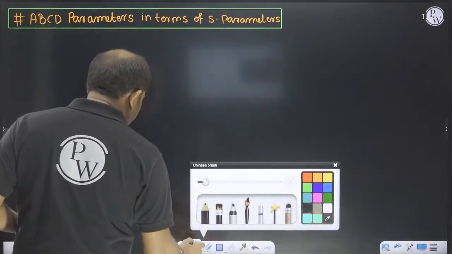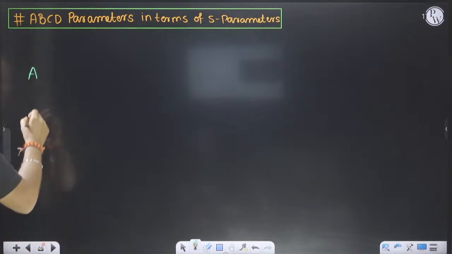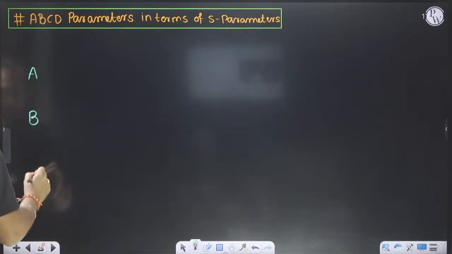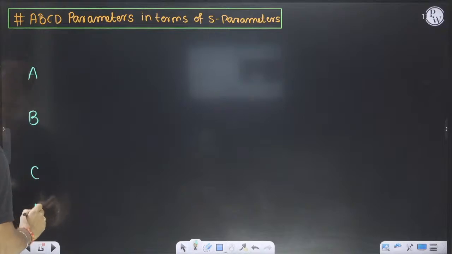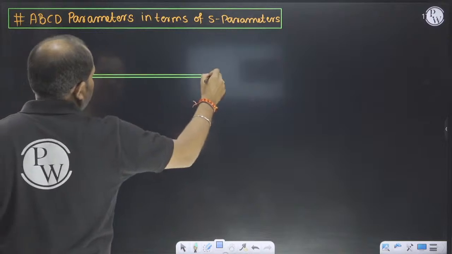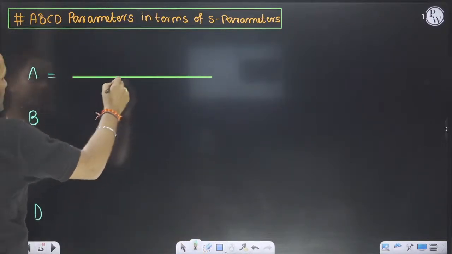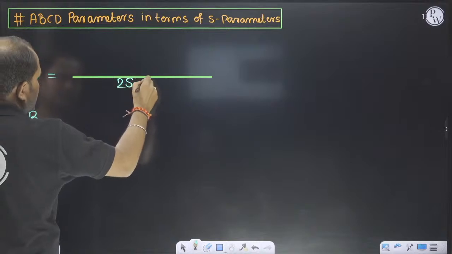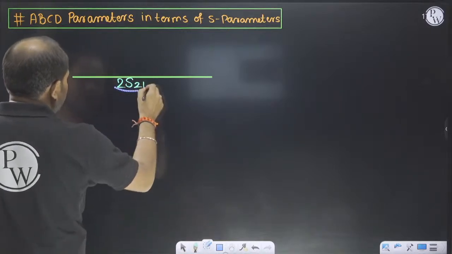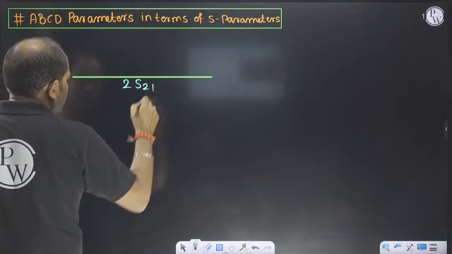What is the formula for the ABCD parameter? So we have A, then B, then C, then D, and then a denominator. In the denominator, what is it? 2 times S21.